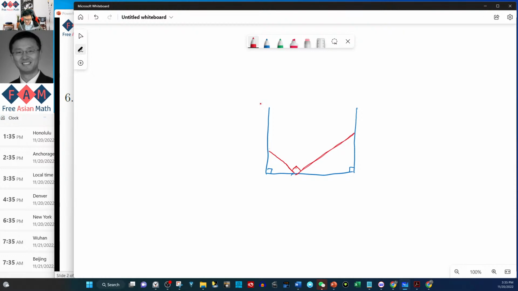Yes. Immediately, if you say this is A, this is B, this is C, then D, E. So triangle ABC is similar to triangle CDE. And why is that? Because this angle is complementary to this angle because they have a right angle in between, right?